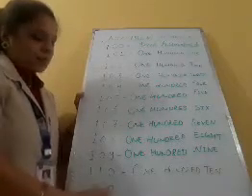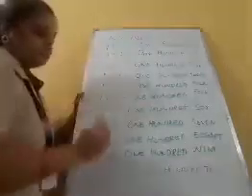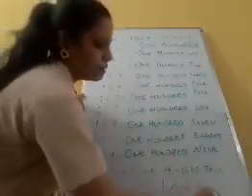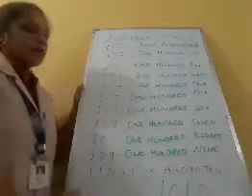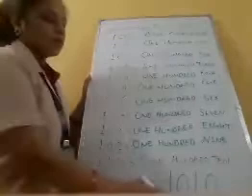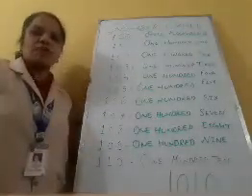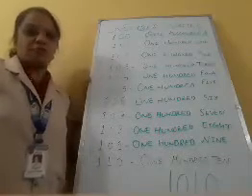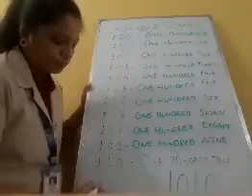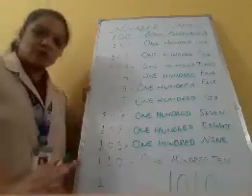But if you write this 1010, it is 1, 2, 3, 4, a four digit number. So you will not put 0 after 1. You will write 1, and hundred is the place value.